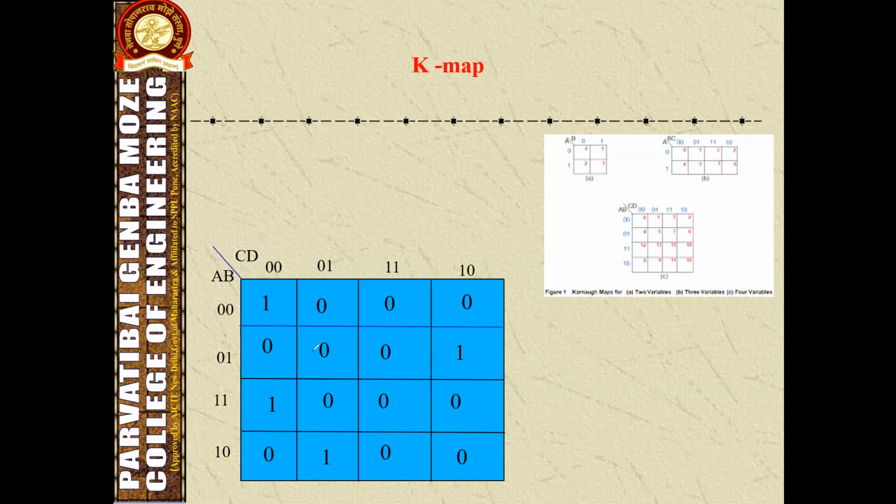The first rule is that a group may not contain 0. So the group should not contain any 0. And a single group we can consider if there is no neighbor cell having a 1, so we can consider that 1 as a single group. But first we have to think about the possibilities of cells for grouping with each other.